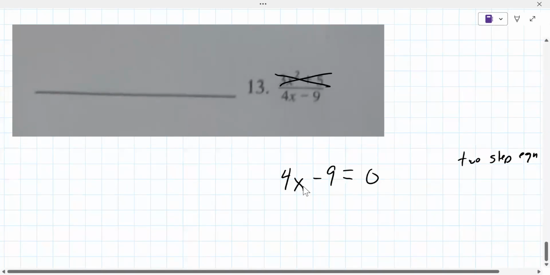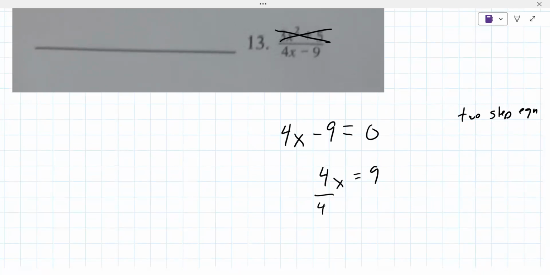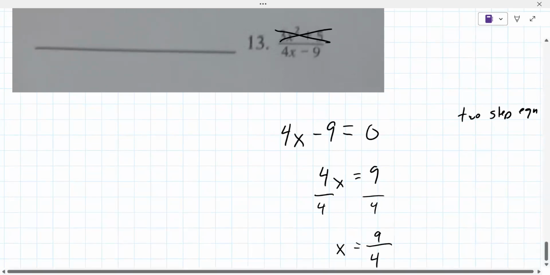And then 4x equals 9, which means we would have to get x by itself. How would you undo the 4 in front? Divide by 4. So x equals 9 divided by 4.